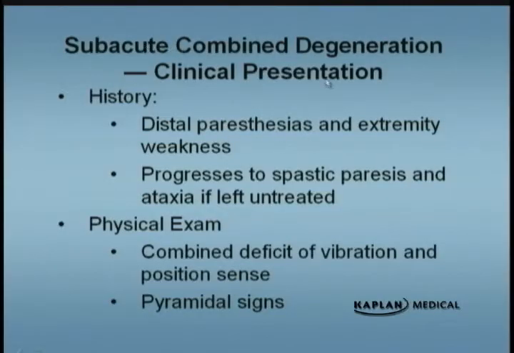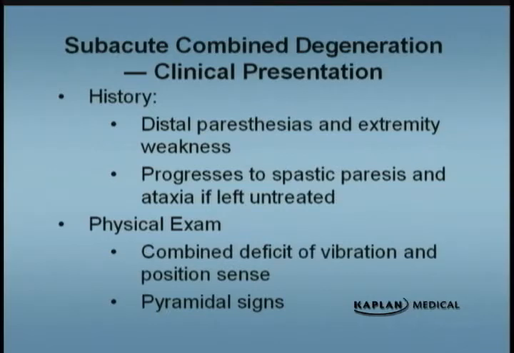Distal paresthesias is another way of saying peripheral neuropathy. Extremity weakness is another way of saying that vitamin B12 deficiency can do anything. Progression to spastic paraparesis and ataxia is simply saying that B12 deficiency can do anything.